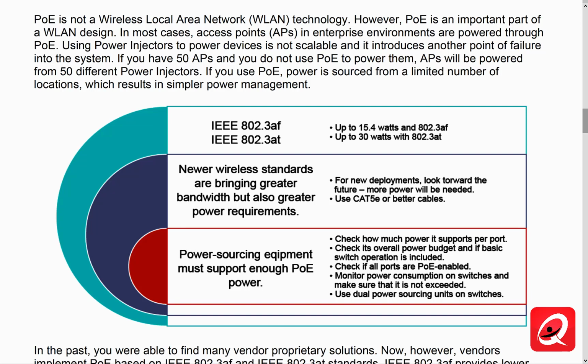The power sourcing equipment, which is the switch itself, these are the devices that are actually providing the power over the Ethernet cable. Most likely it would be a switch, but it could be an injector, right? You might have an external PoE injector. This would be referred to as a mid-span device. Maybe you have a non-PoE capable switch, but you have a PoE device that you need to attach to the network.